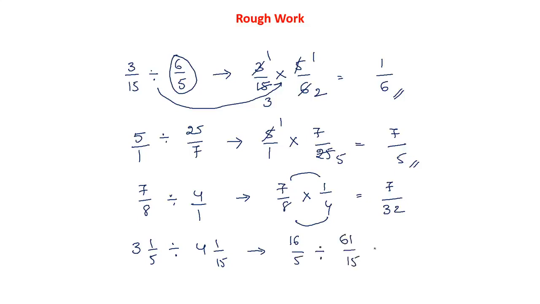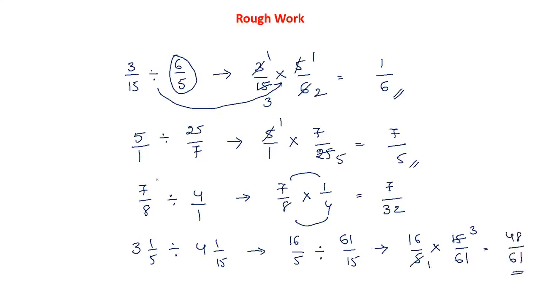Now write the first fraction 16 by 5 as it is, change the division to multiplication, convert the second fraction to its reciprocal, which is 15 by 61. Now you can divide: 5 ones are 5, 5 threes are 15, and there is no common factor for this here. So 16 threes are 48 by 61 ones are 61. So this is the division of two mixed fractions.